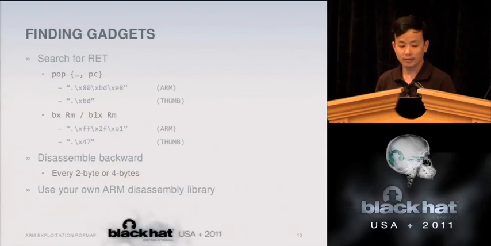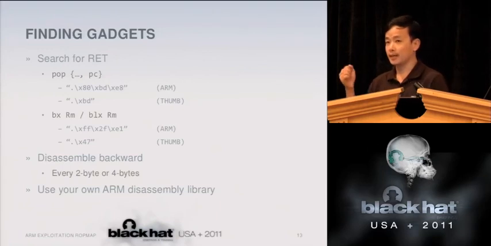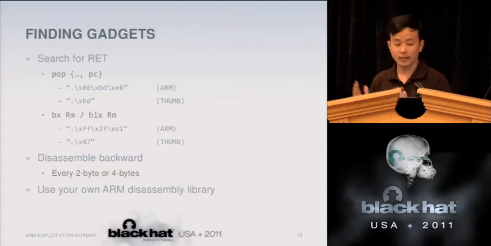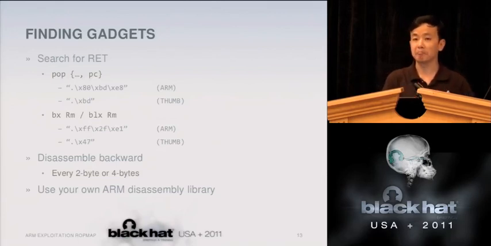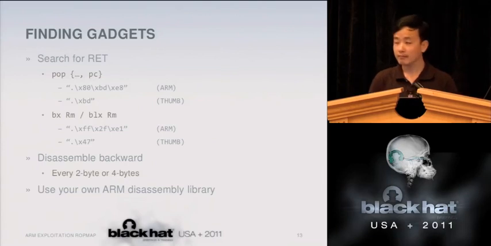We just need to find a return-like instruction, then we disassemble backward every 4 bytes for ARM mode or every 2 bytes for Thumb mode. And we stop when there is an invalid instruction or one that we don't control.